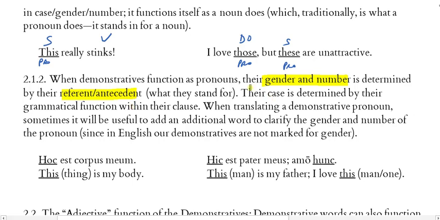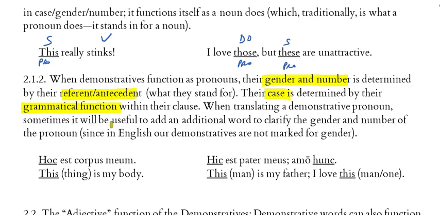The case of a demonstrative pronoun is determined by its grammatical function in the clause. So if the pronoun is the subject, that's its grammatical function, it will be nominative case. If the pronoun is the direct object, that's its function, it will be accusative case.